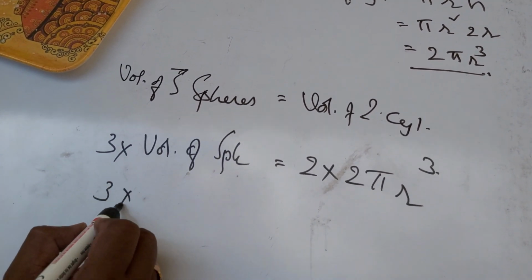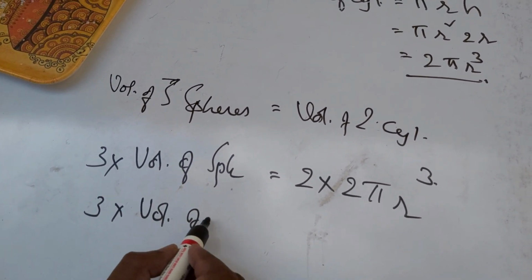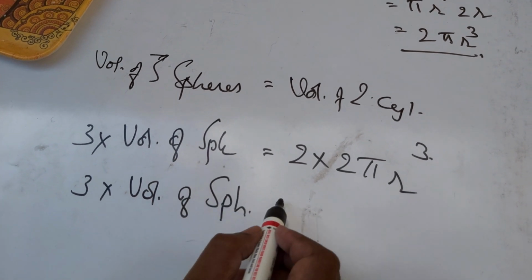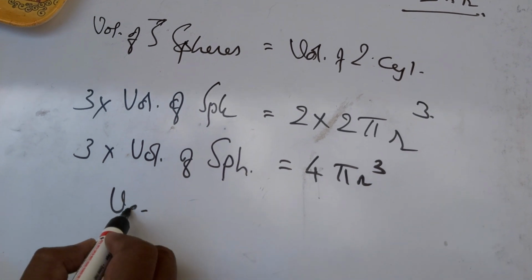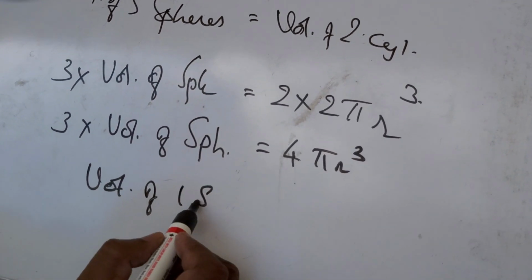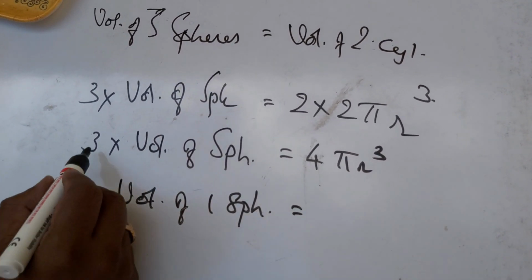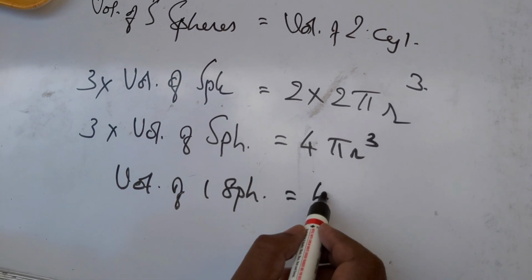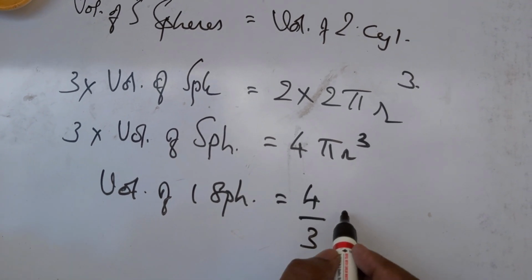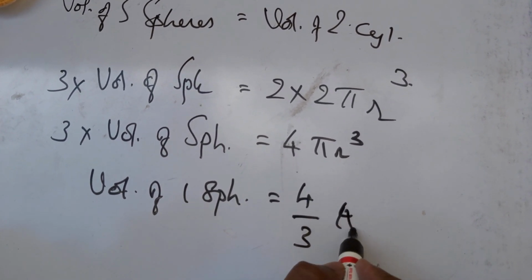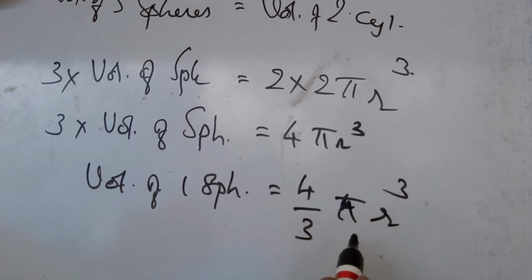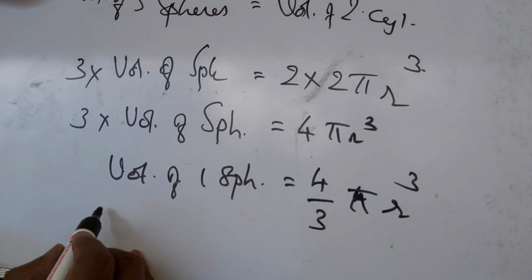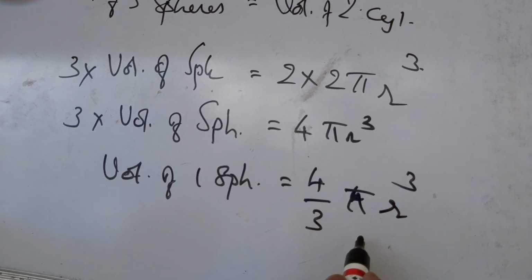So 3 into volume of sphere is equal to 4 pi r cube. So the volume of one sphere, you send this 3 to the other side, so it becomes 4 over 3 pi r cube. Volume of the sphere is 4 over 3 pi r cube.